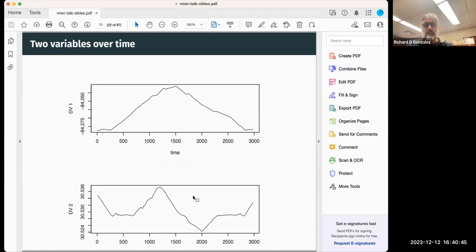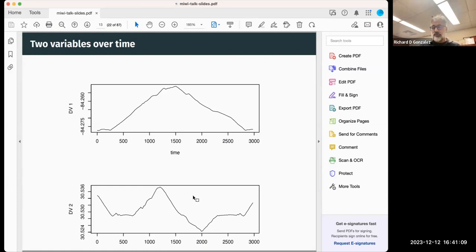And I have, say, 3,000 seconds. So every second I measure something about that individual, and the first time plot is the first dependent variable, and it seems to start off low, and then about 1,500 seconds into the study, it goes high, right? And then it goes back to baseline at the end of the study.